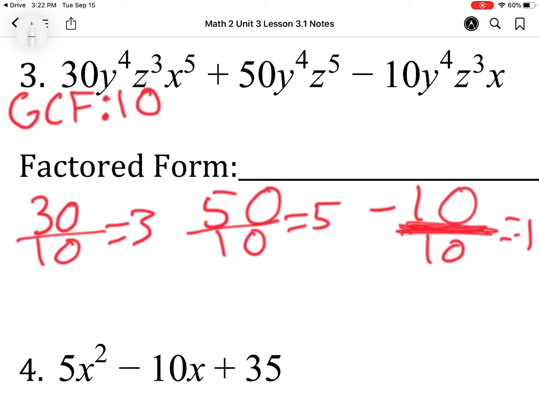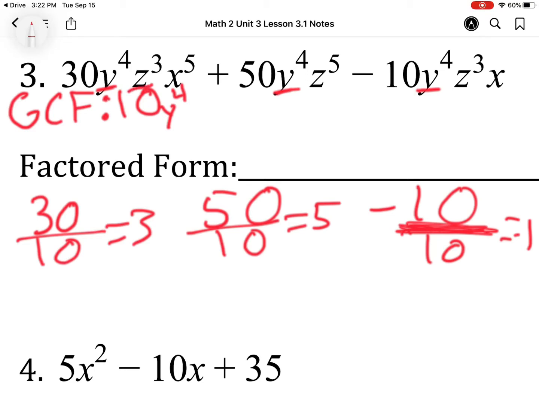Next, I'm going to determine my variables that make it into my GCF. I see a y, and y. So the y's are in all three terms, so it's going to make it into the GCF. The only exponent for y is 4, so we're going to have y to the 4th.